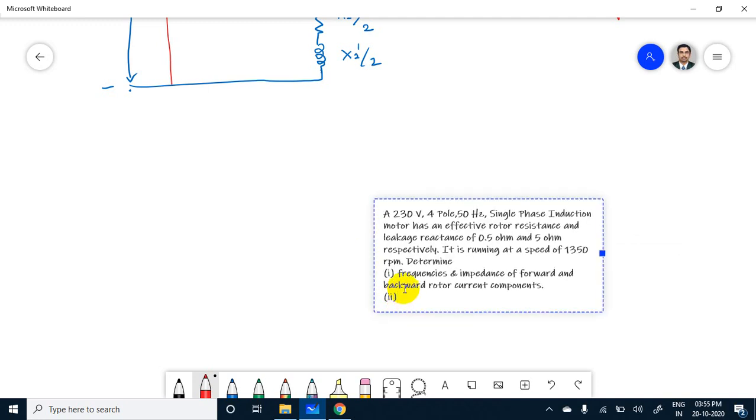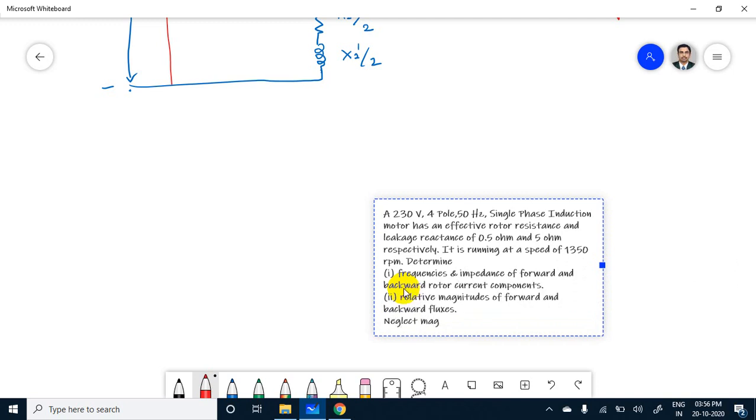Part b will be the relative magnitudes of current, relative magnitudes of forward and backward fluxes.